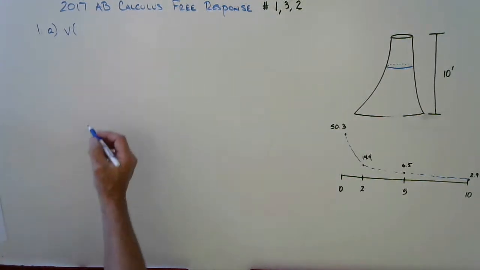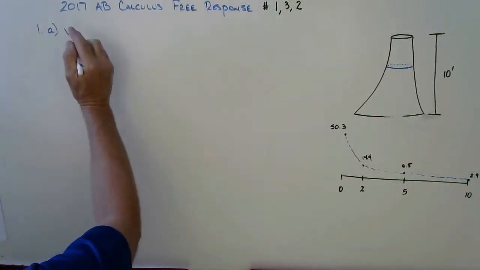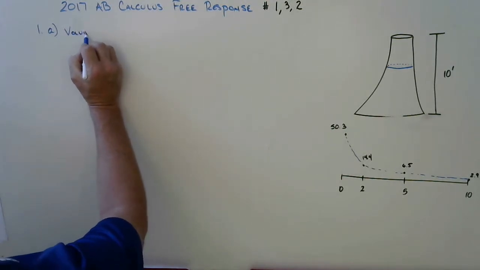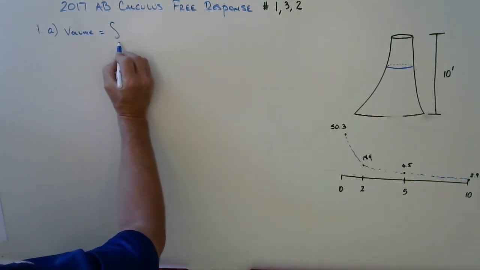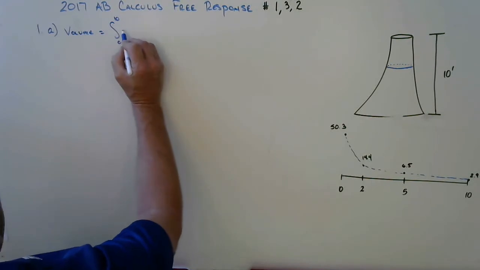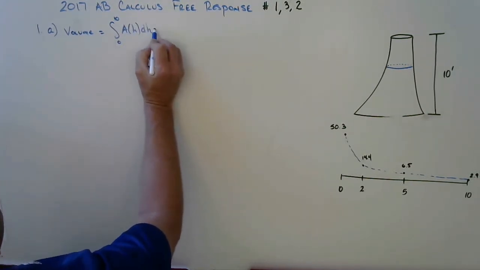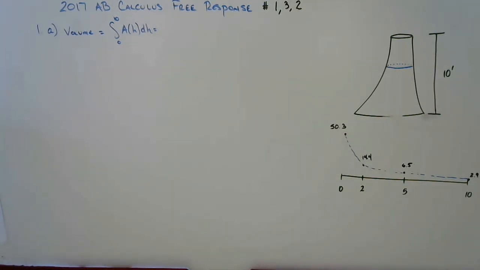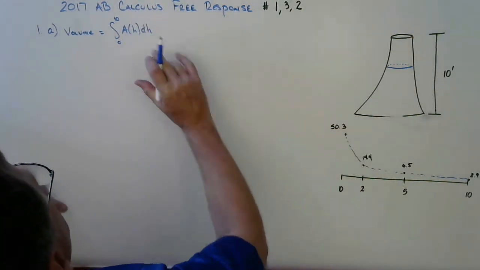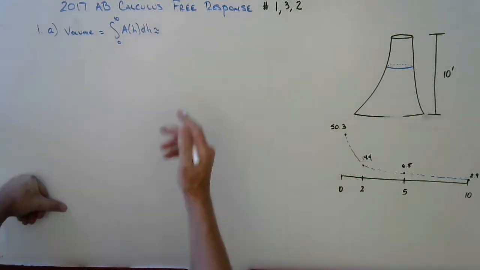Now, what do we know the volume is going to equal? Well, it's going to be the integral from 0 to 10 of the area. The problem we have, of course, is we don't know the area function. They didn't tell us the area function. They gave us 4 values for the area function. So the best we're going to be able to do is approximate this.